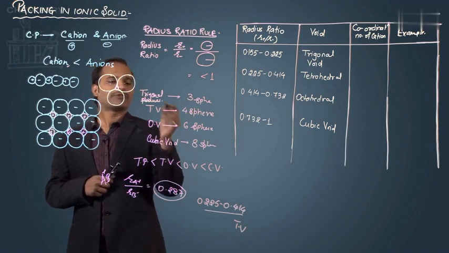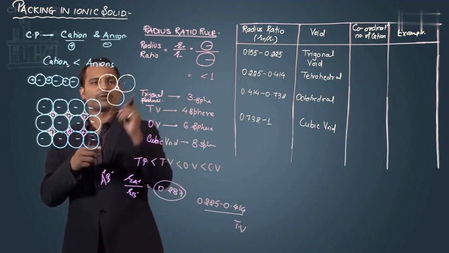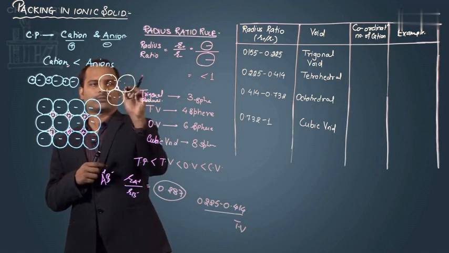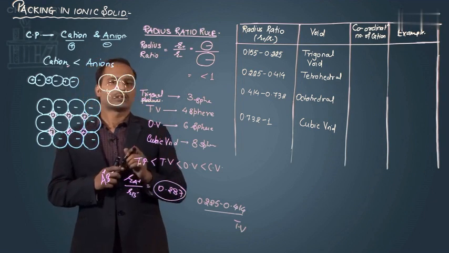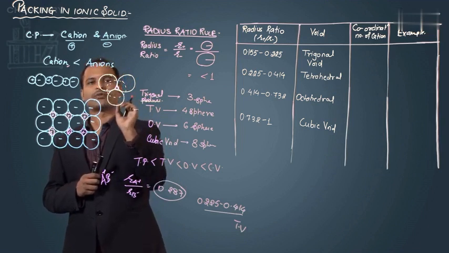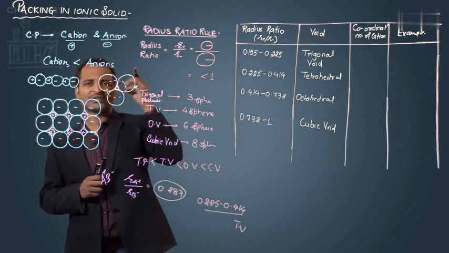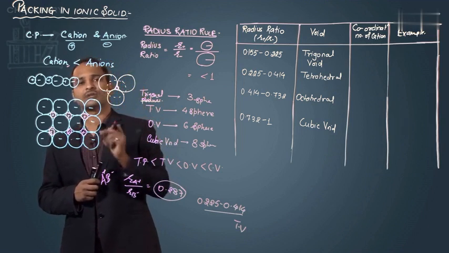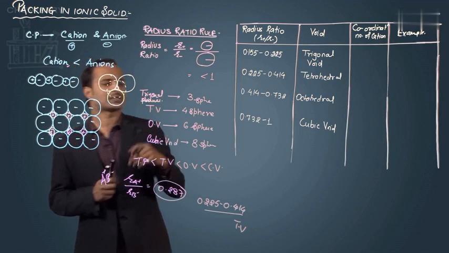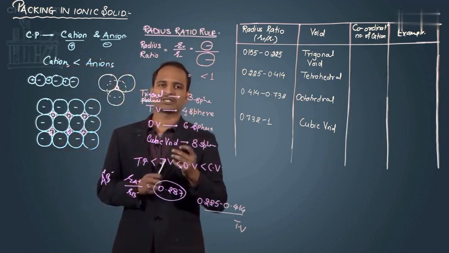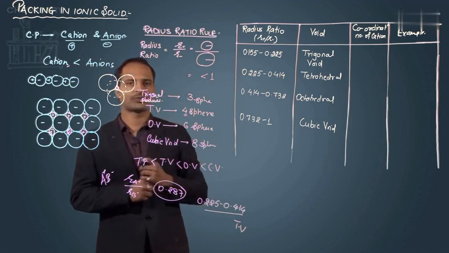If it is tetrahedral, there will be one more sphere just above these 3. So a tetrahedral void is surrounded by 4 spheres. When a small cation is present in a tetrahedral void, it is touched by 4 spheres, so its coordination number will be 4.